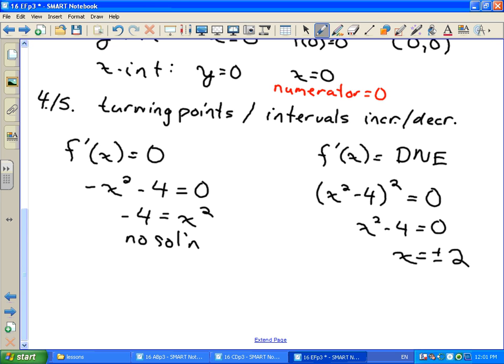Now, do these points represent possible turning points? They don't, because we've already encountered these. We already know that these 2 points are vertical asymptotes. So these cannot be turning points if they're vertical asymptotes. So we can say that we have no turning points.